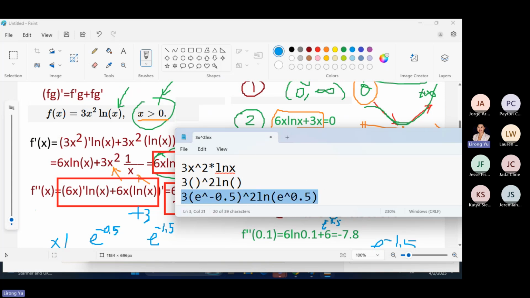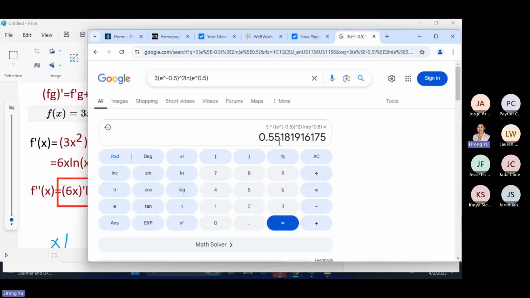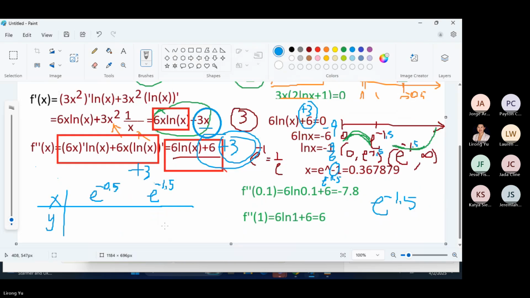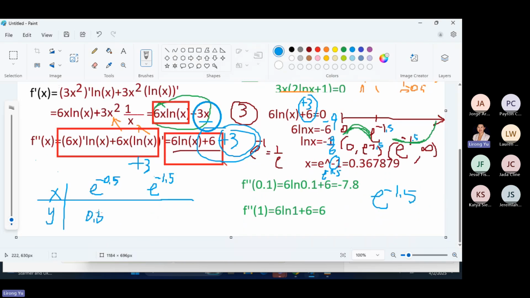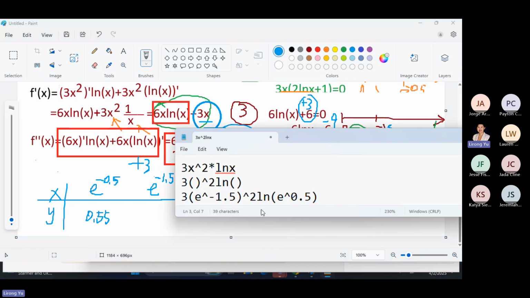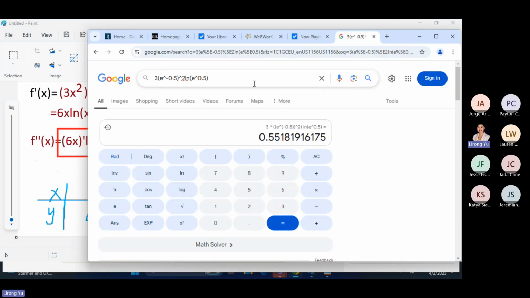Try to sketch the graph by hand, starting at 0, 0. So this one is y value 0.55, and this one is 1.5. Oh, mistake, that was negative. And the first one's wrong, it's a negative sign there. So it's negative.